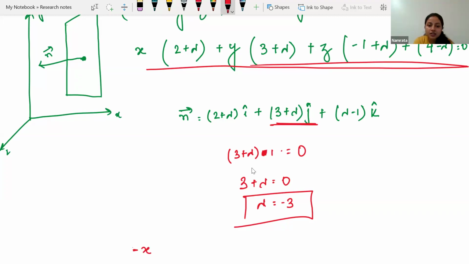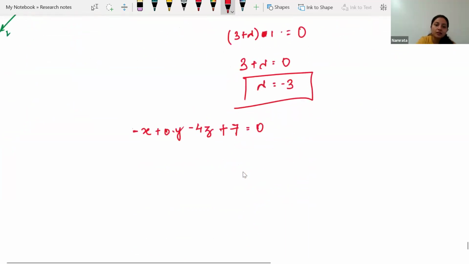Here 3 minus 3 will be 0, 0 into y. Here negative 3, negative 1, negative 4z. Here, with lambda negative 3, 4 minus of minus 3, that means 4 plus 3, that means 7, equals 0. This is our equation of plane. We can write it as x plus 4z equals 7.